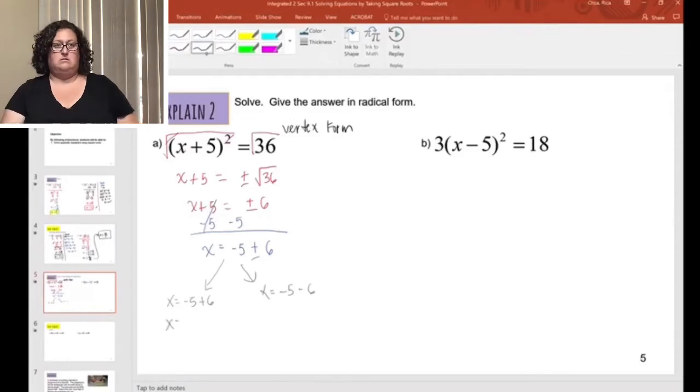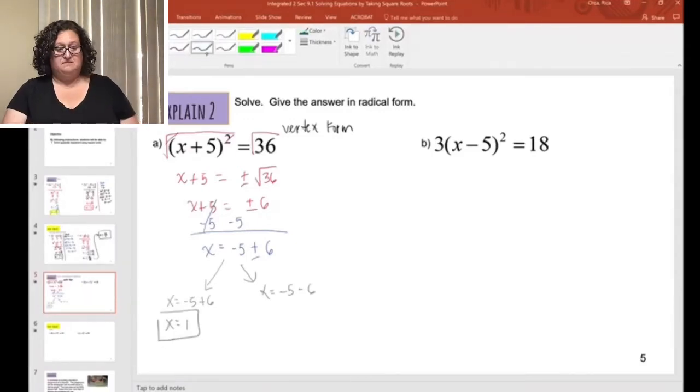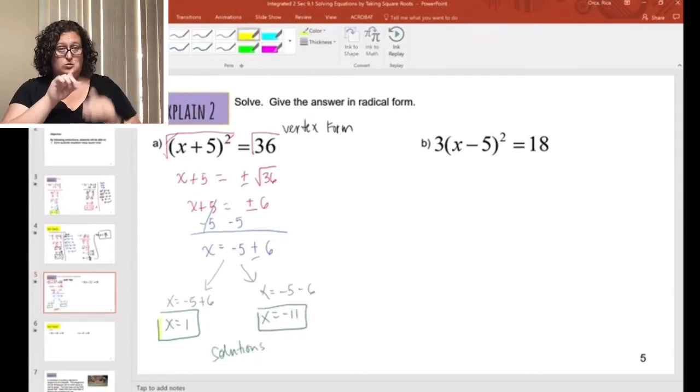So -5 plus 6 is +1, and -5 minus 6 is -11. So class, our two solutions are x equals 1 and x equals -11.